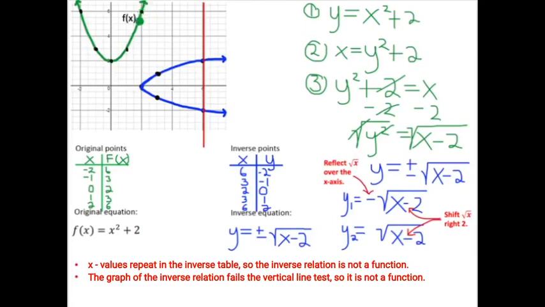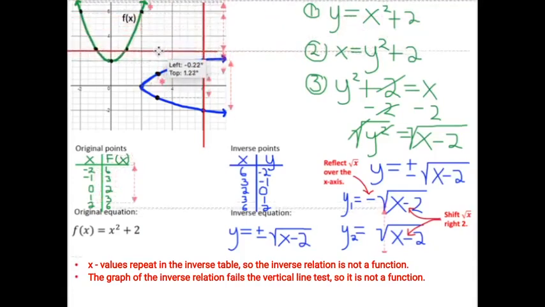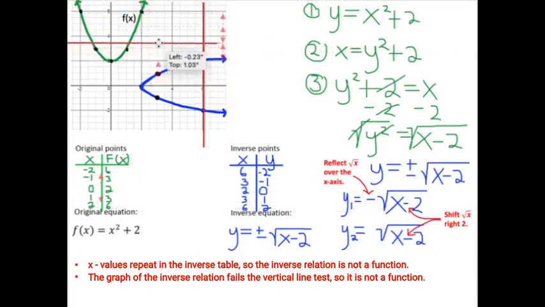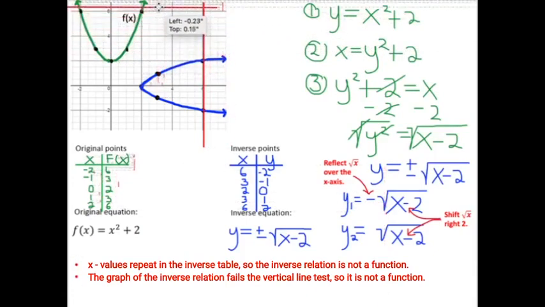So remember, the horizontal axis is the x-axis. So I'll illustrate that for you real quick. So here's my horizontal line. Notice that as I run it up and down the function f of x, I'm crossing in 2 points, really for an infinite amount of times, right? But you can see a couple of precise points here.